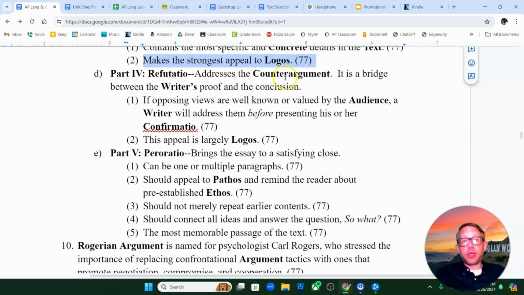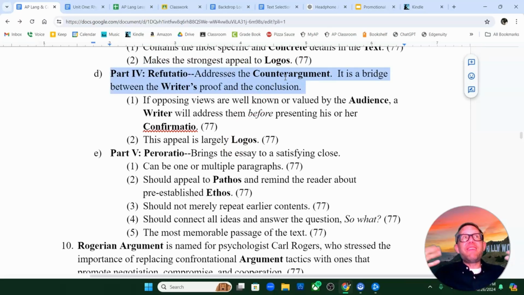Addressing the counterarguments. Okay, this is a bridge between the writer's proof and the conclusion, as it says. So you've already given us all of the best reasons to believe what you're trying to argue for us. Now it's time to say, okay, but before you believe me completely and totally, let's take a step back for a moment and look at what my opponents have to say.